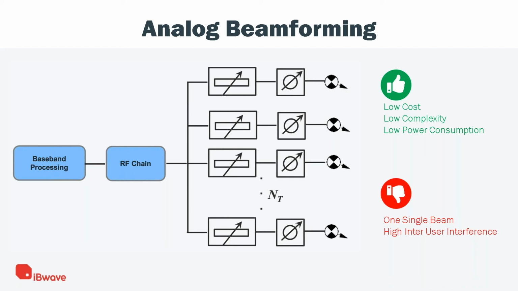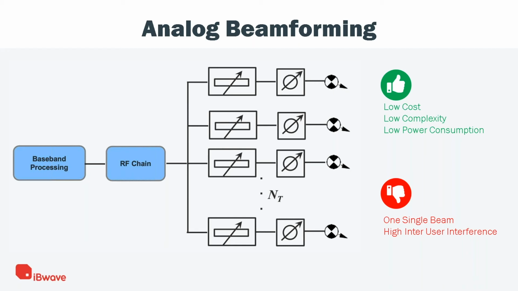Of course, like any implementation, there are some advantages and some disadvantages. The advantage of analog beamforming is really the low cost, because the phase shifters and RF components are not too costly, and it is easy to implement. The other advantage is the low complexity, because it is very simple.